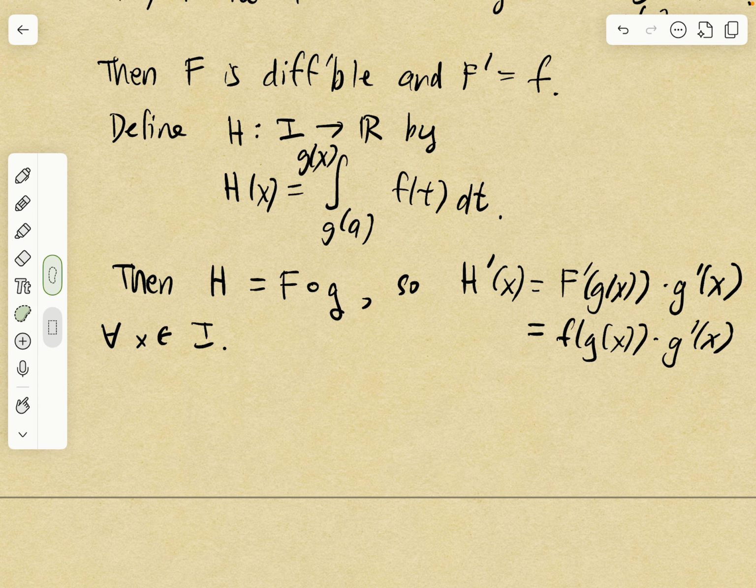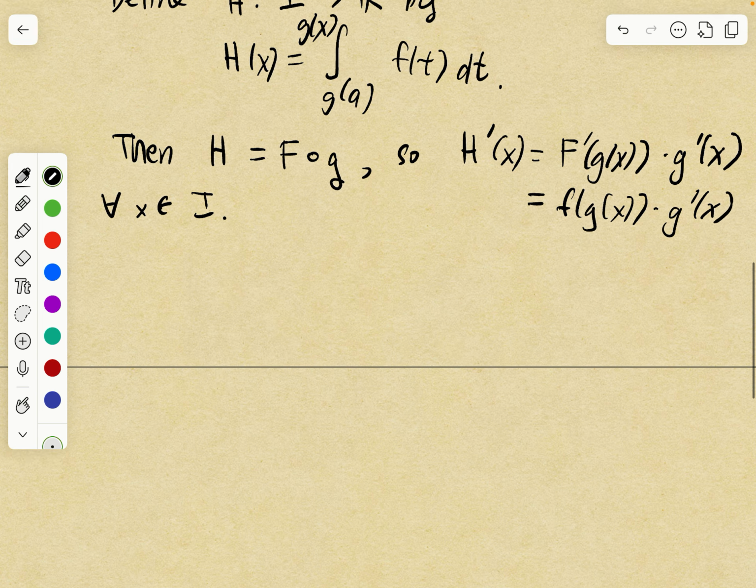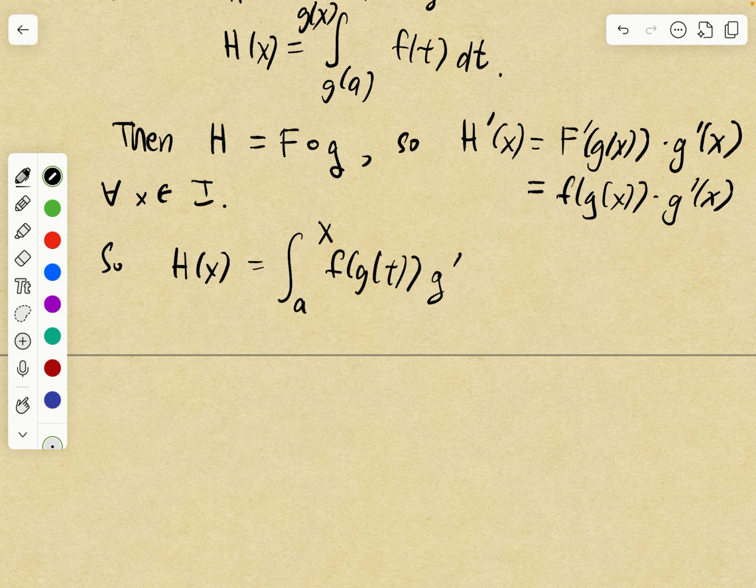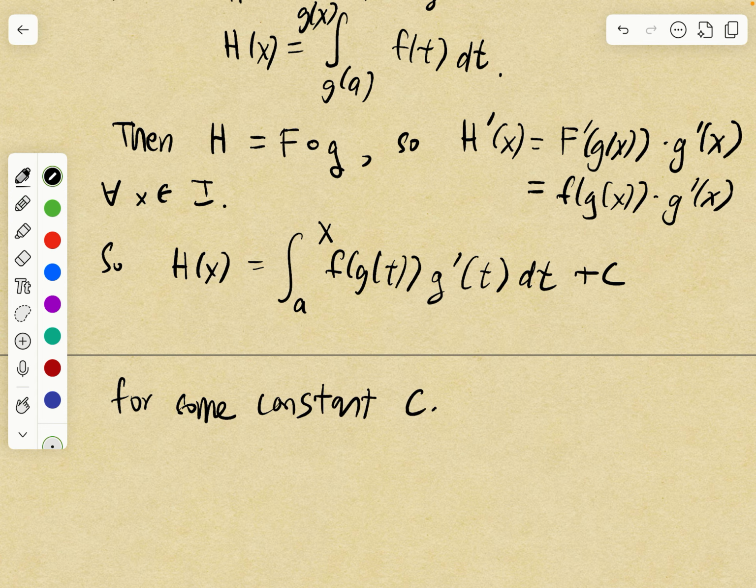Therefore, up to a constant, it must be the integral of that function. So H of x is the integral from a to x of f of g of t times g prime of t dt plus c, for some constant c.